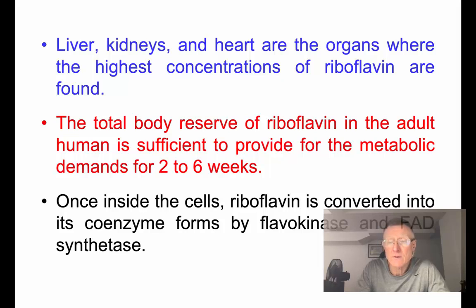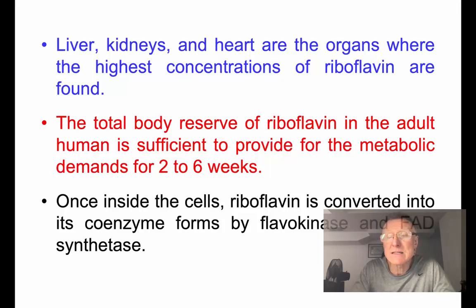So even though they are called water-soluble vitamins, you don't eliminate them because they are trapped inside of the cells. What happens is, as they are degraded, or cells are recycled, or these compounds are broken down inside of the cells, then you need to recycle. But in general, you have enough trapped inside of the cells to meet the demands of the cells for 2 to 6 weeks.